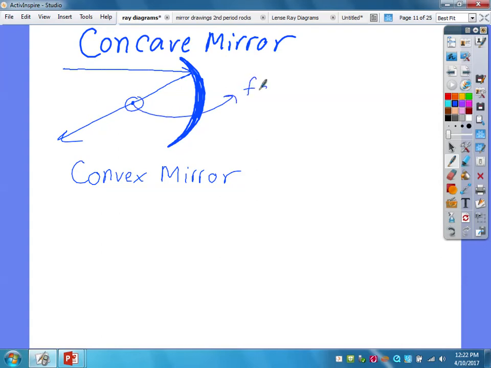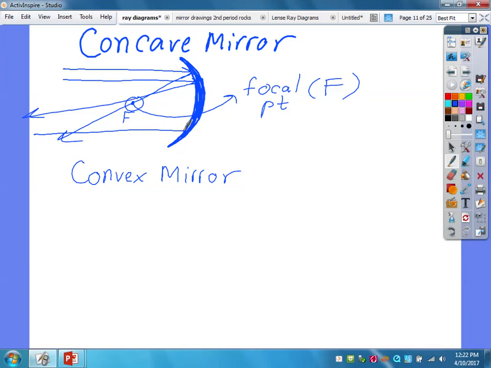That point is called the focal point, which we denote with a capital F. If the light rays are drawn in parallel, they'll all reflect back toward the focal point, which is in front of the mirror. If a ray comes in below, based on the curvature of the mirror, it will reflect up. So a concave mirror focuses all the light in front of the mirror itself at its focal point.